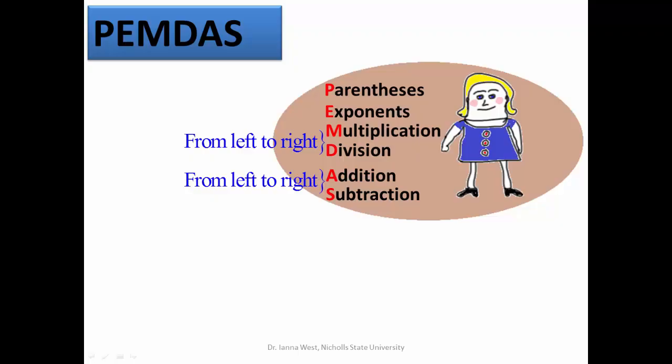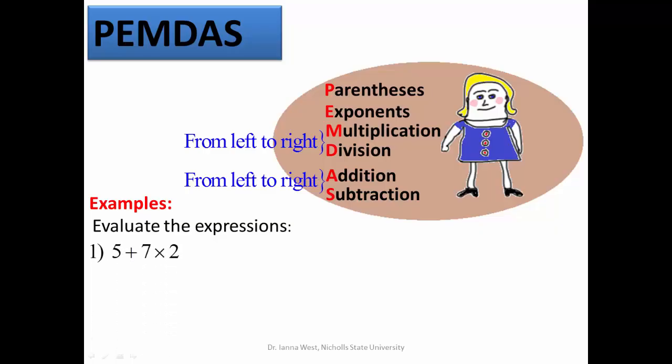Now that we know the order in which the operations must be performed, we will consider some examples of evaluating mathematical expressions. In our first example, notice that we only have two operations, multiplication and addition.